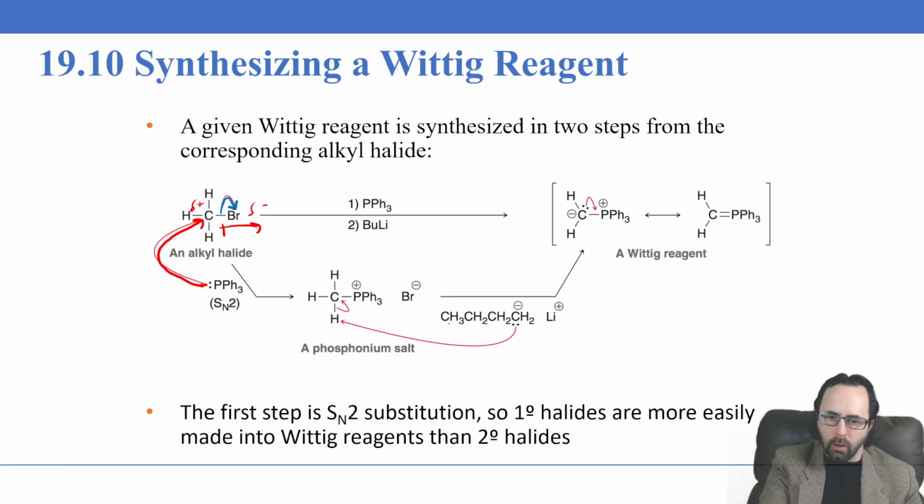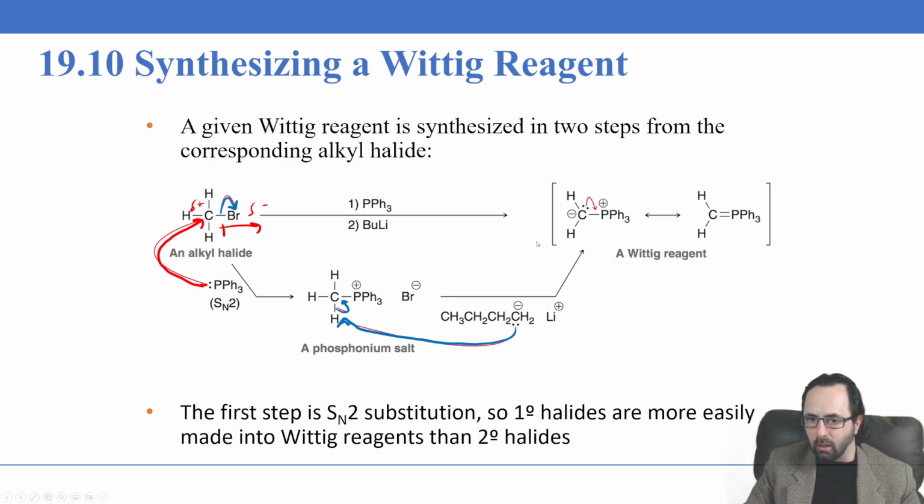Now, where does this triphenylphosphine come from? Well, if we want a larger number of carbon atoms, we could also react this triphenylphosphine with a carbon atom, and then ultimately subject that to another reaction with a very strong base that will deprotonate this carbon atom and ultimately give us the Wittig reagent.